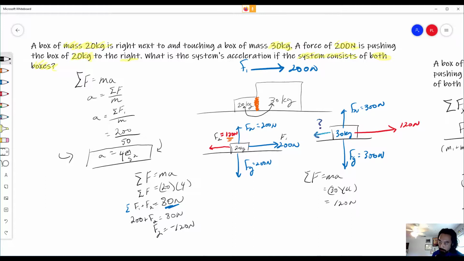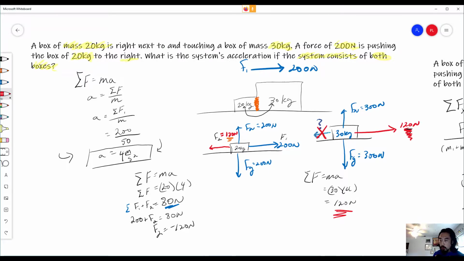So would you look at that, we have 120 right there. So the question is, is there a force pushing this box to the left? And the answer is no, because this math states that this 120 newtons of force is the only force in the net force. So that's pretty cool, right?